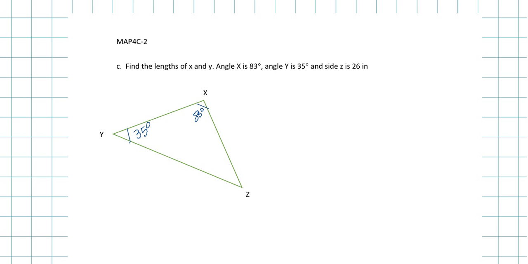Okay, so you're going to have to find the length of x and the length of y. So they're asking you to find this, and then when you're done, you're going to find this. So you're going to have to do multiple solutions. I'm going to give you time to work on this, and then we can take it up after.